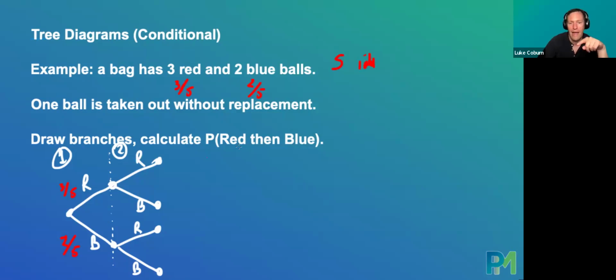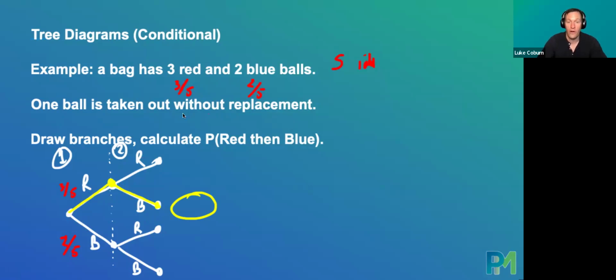So what we want is red, then blue. So what we're after in particular is the probability of going from here to here and then to there. So this is the probability that we want to work out. So we have to work out the probability of this branch, and this one, and then the rest of them, okay?